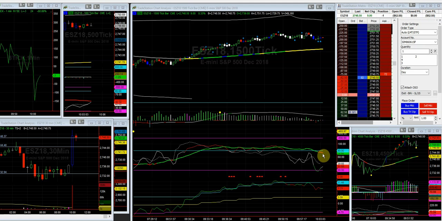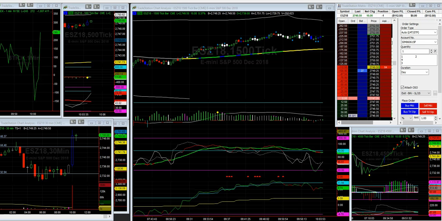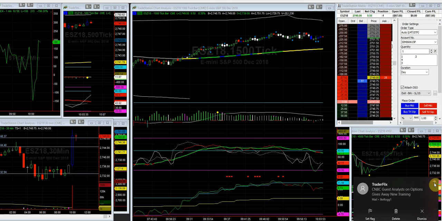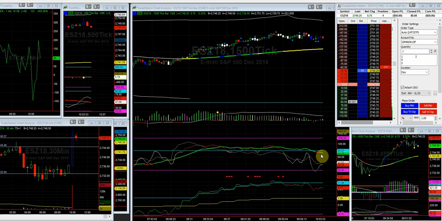Again, that may just represent a pullback, and with price momentum going below the lower bound, its tendency is to come back up. And of course that'll pull price back up with it. However, when price comes back up to the trade momentum line, that can also represent a support and resistance area. So we're just seeing how it goes.